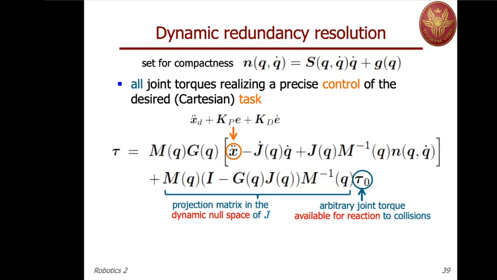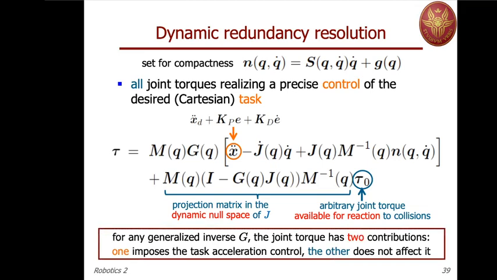If this is not the case, we should abandon part of the original x double dot, for instance the orientation part, and achieve the same type of control law. Again, if this works, then we may even resume orientation control together with position control, or we need to abandon everything.